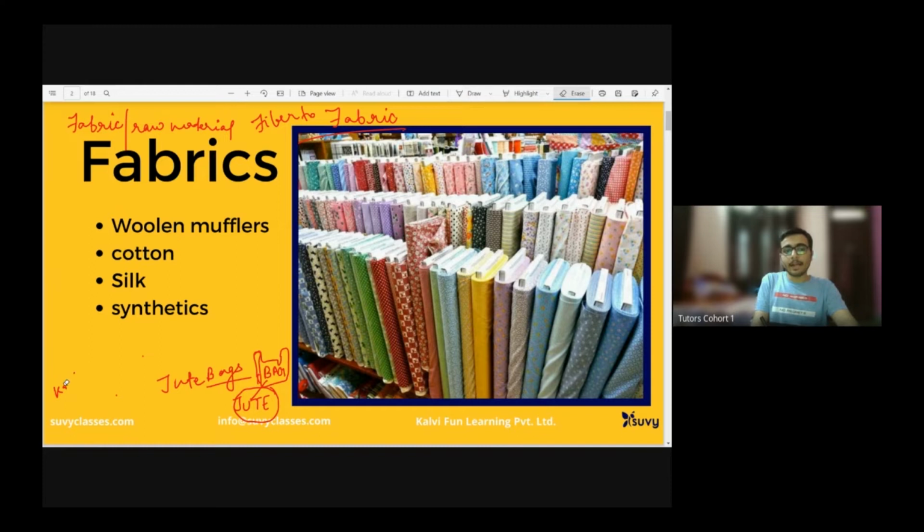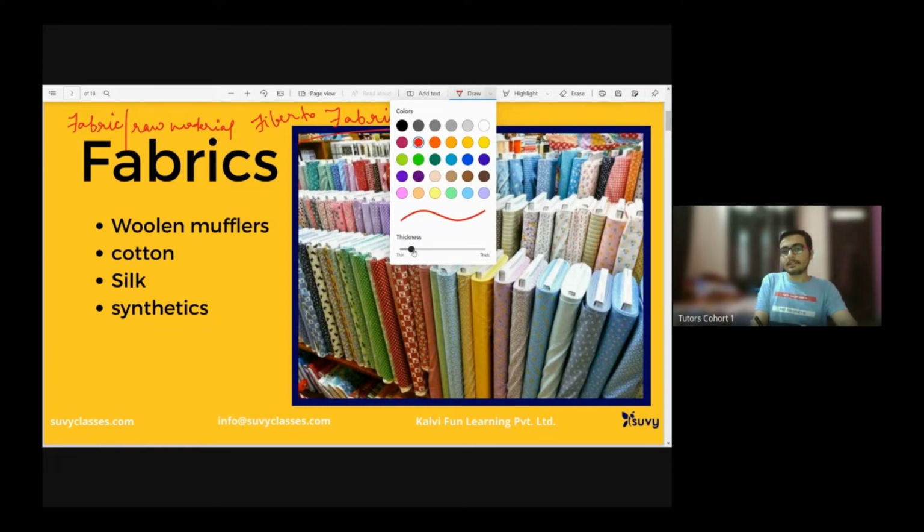So you might have got a concept in your mind of what fiber and fabric are. Fabric is basically a raw material from which we make refined or finished products like our clothes or bags and many more things.